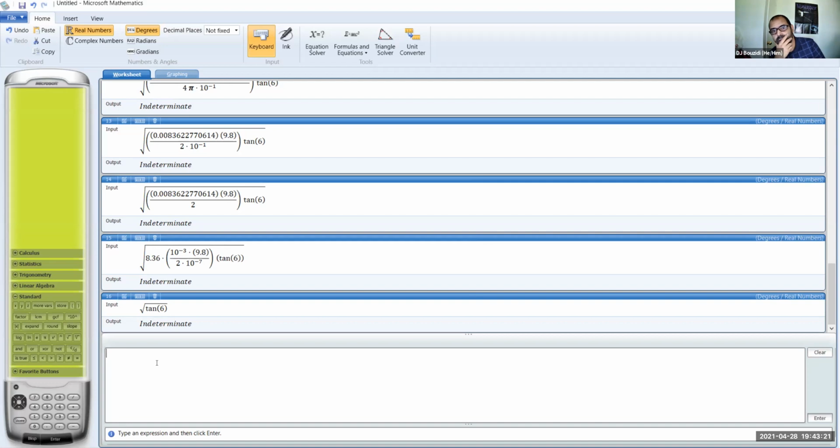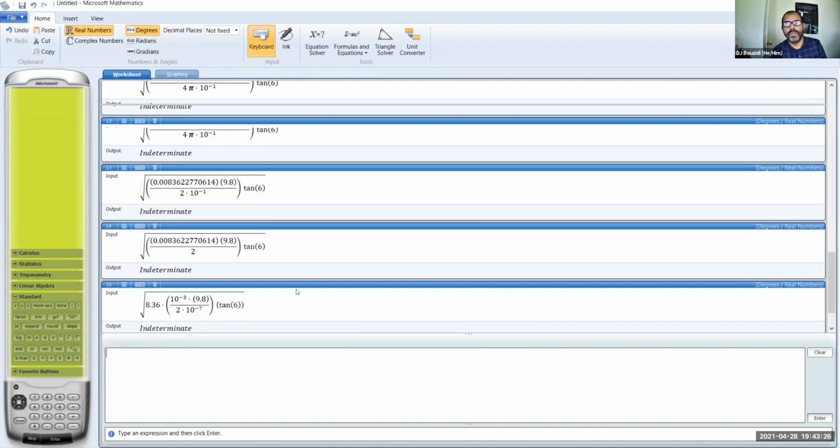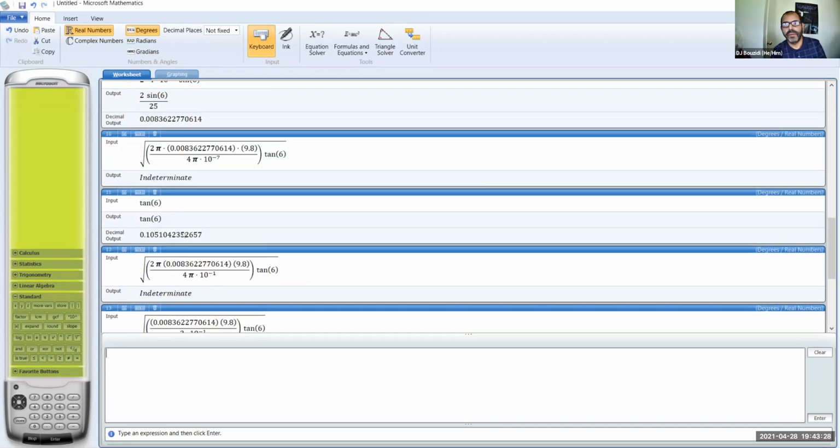That is the problem that is causing things. And why is that? Tangent of 6 is this much. Okay, how about square root of, open parentheses, the tangent, which is this much.